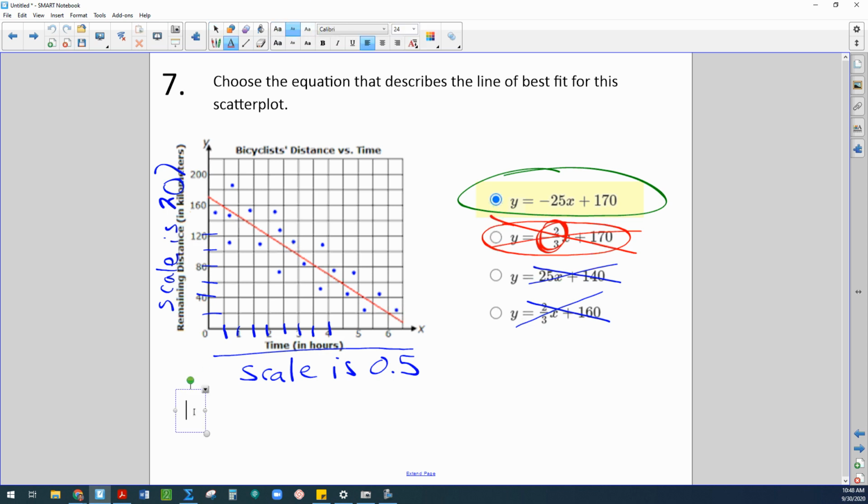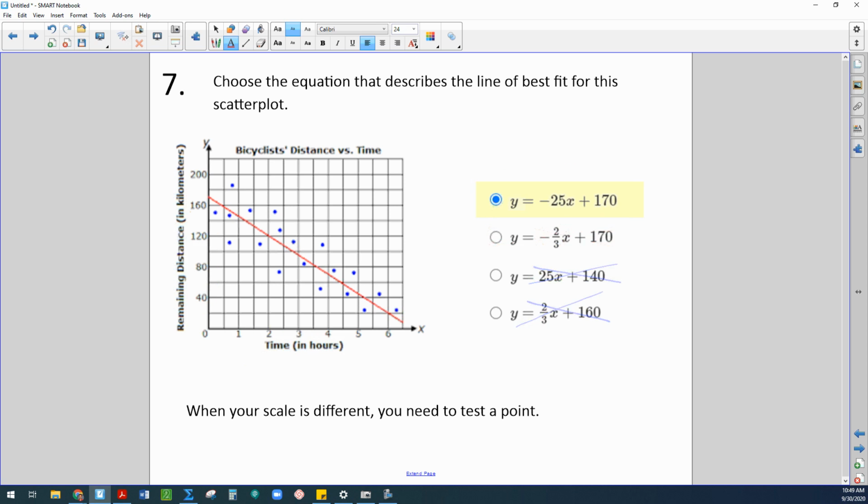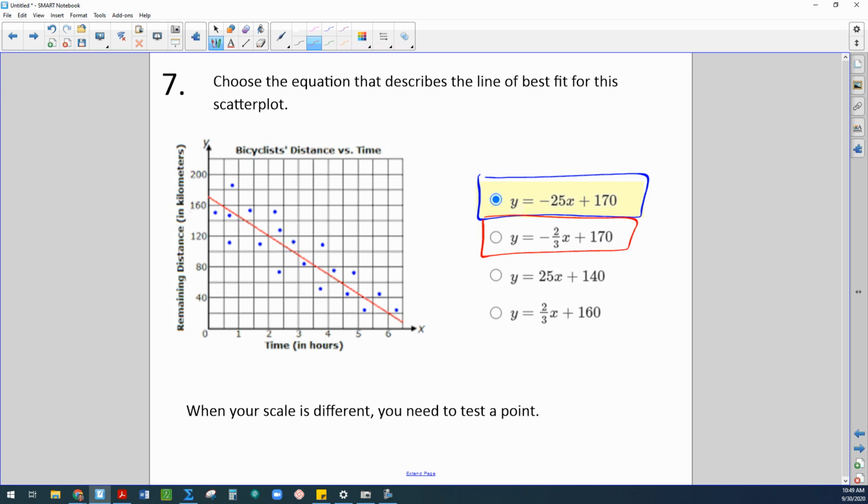So when your scale is different, you need to test a point. And this is what this looks like. If I'm looking at these two equations, this one in blue and this one in red, I want to see which one's right. I can pick any number on my graph, like 3.